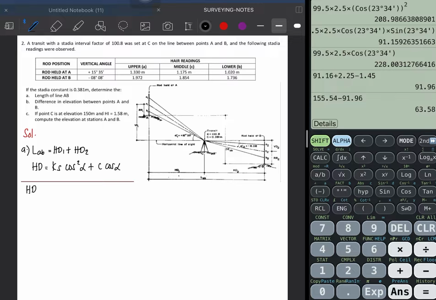So let's have HD1. So HD1 is equivalent to K, that is 100.8.